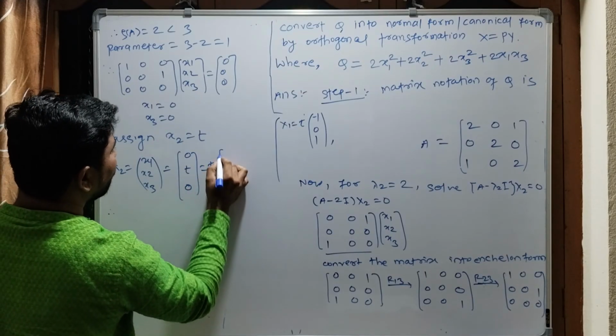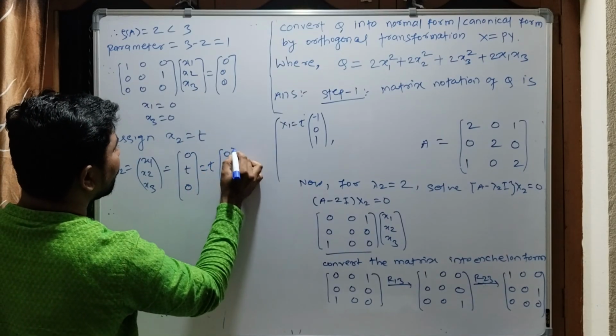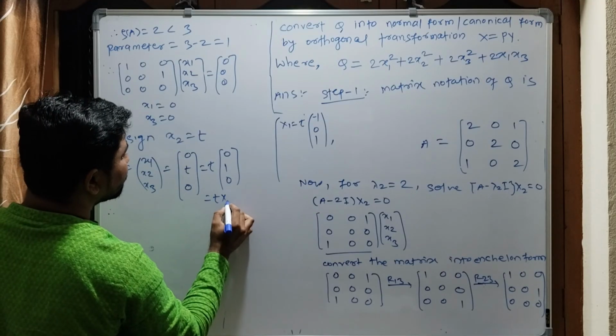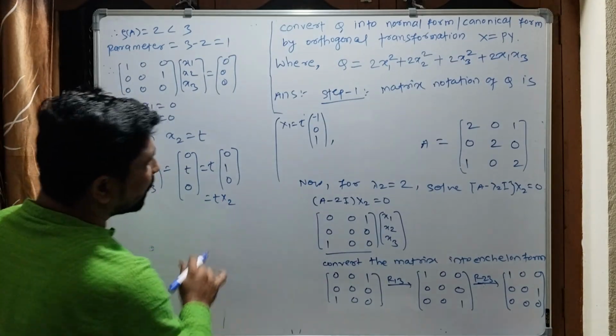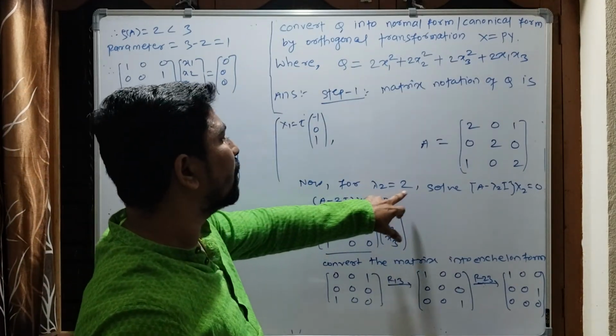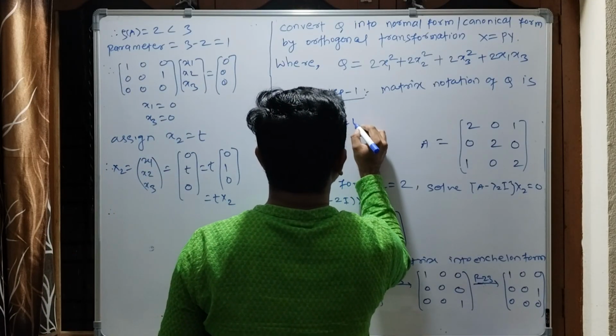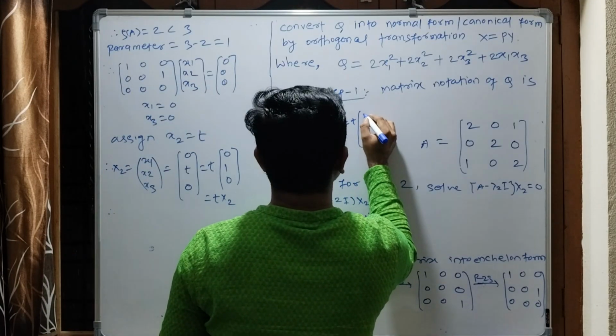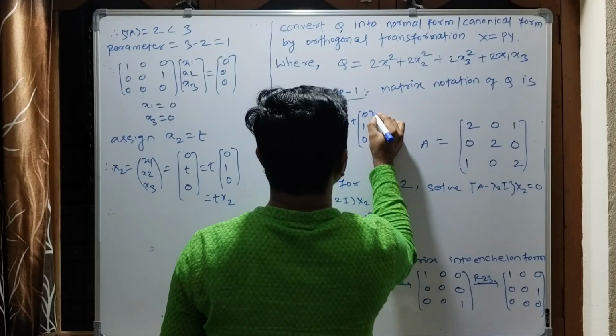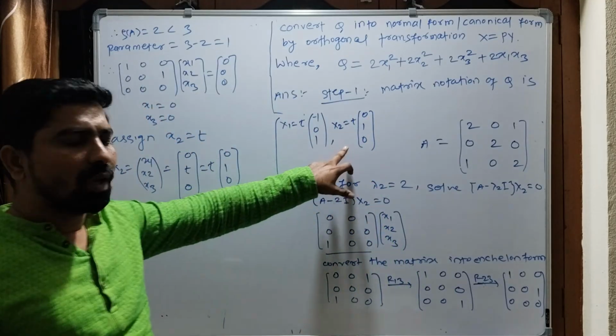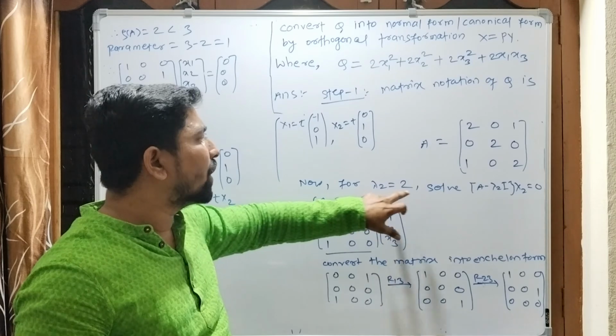Therefore, t times 0 1 0. This is equal to t times x2. This is the eigenvector corresponding to the eigenvalue lambda 2 equal to 2. Here I will write x2 as t times 0 1 0. This is my eigenvector x2 corresponding to the eigenvalue lambda 2.